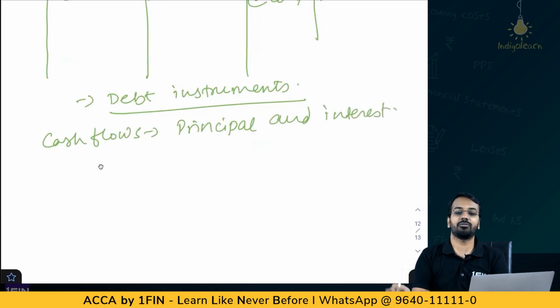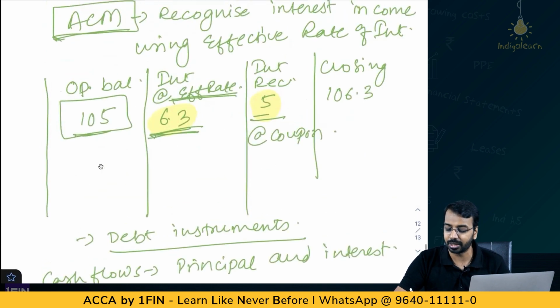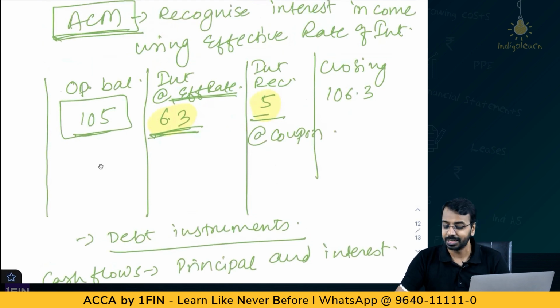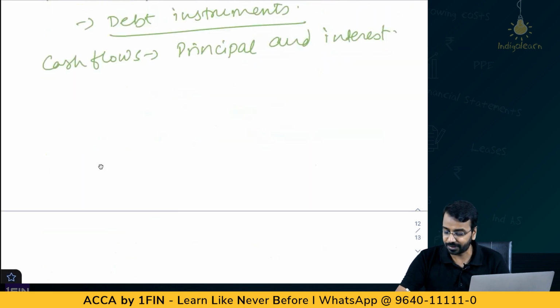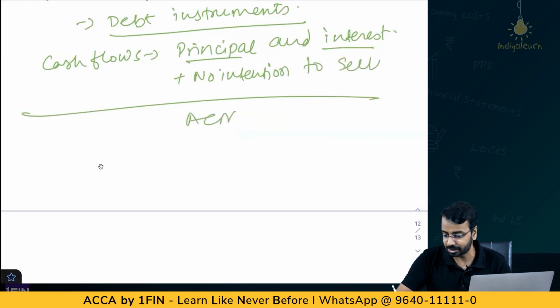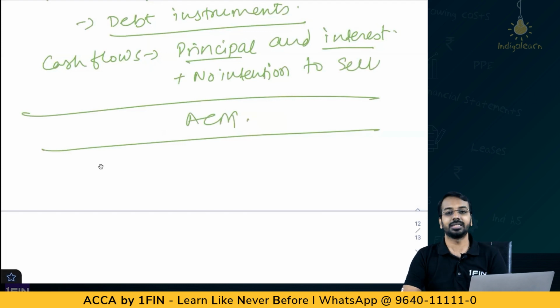So if cash flows are only principal and interest, then you can follow the amortized cost method. But if the intention is to make gain or loss by buying and selling bonds, then the amortized cost method cannot be used. So if cash flows are principal and interest and there is no intention to sell, then you can use the amortized cost method. That is the first method.